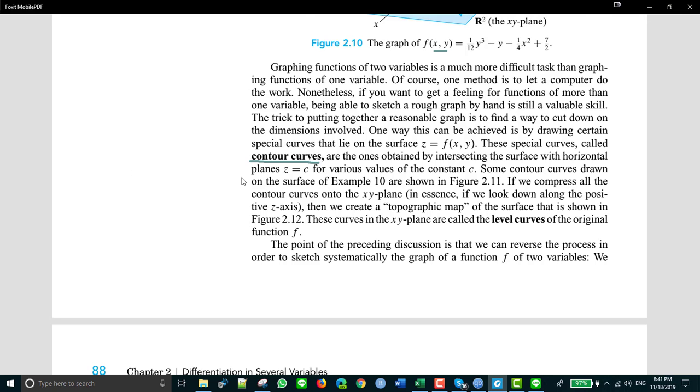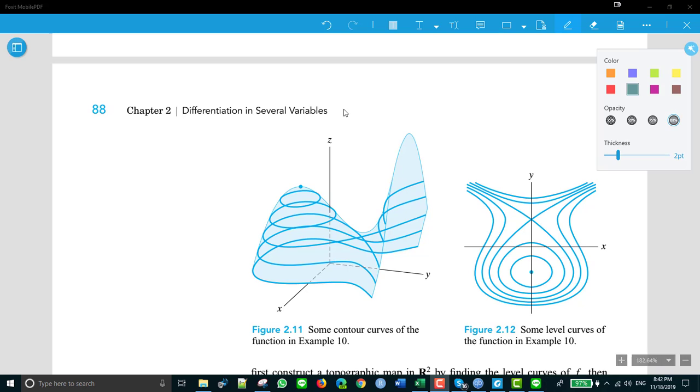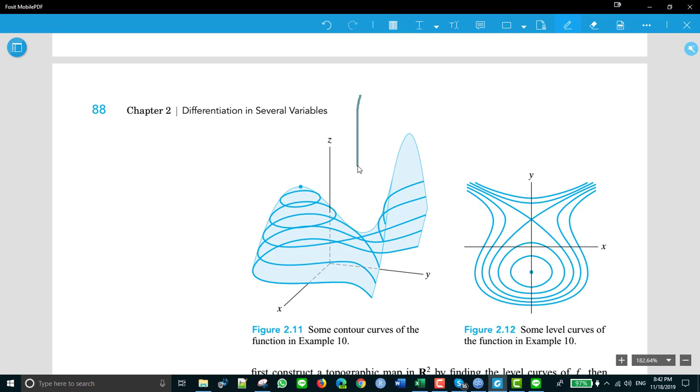So let's take a look at that. If we were to look down from this direction, what we would see maybe is something like this. We would sort of flatten all these curves into the xy plane. This is what we would see.